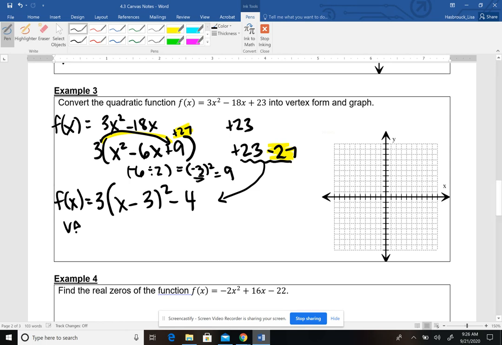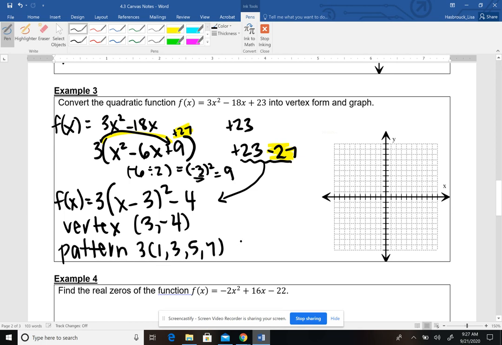My vertex is at 3, negative 4. My pattern this time is affected by that 3 in front, so it's 3 times 1, 3, 5, 7, which means our new pattern is 3, 9, 15, and 21. So I'm going to go to 3, negative 4, put a dot.